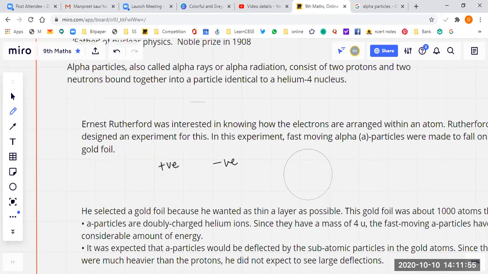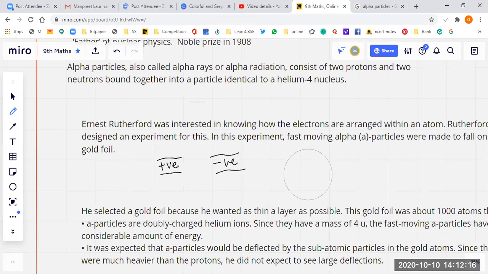So from this we understood that the atom is electrically neutral. There is no resultant charge on the atom. So that was one good postulate. But he couldn't exactly tell the location of the protons.